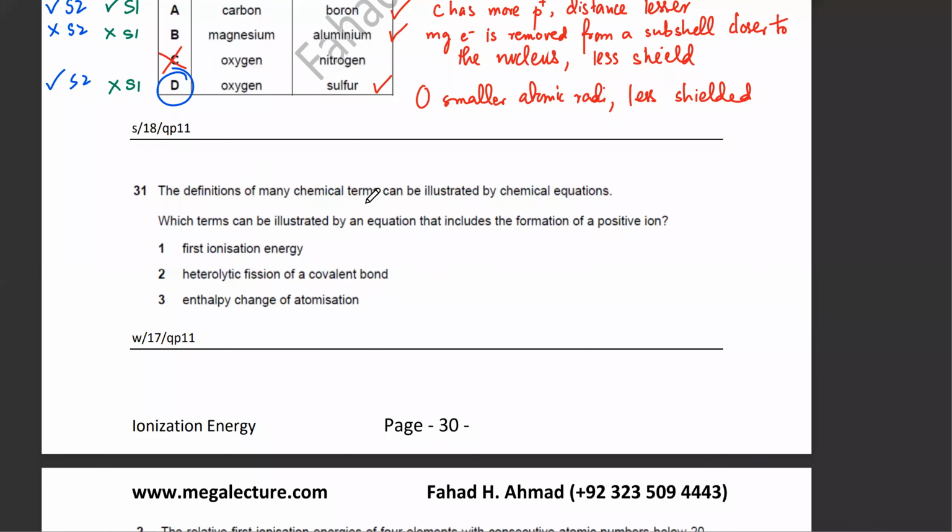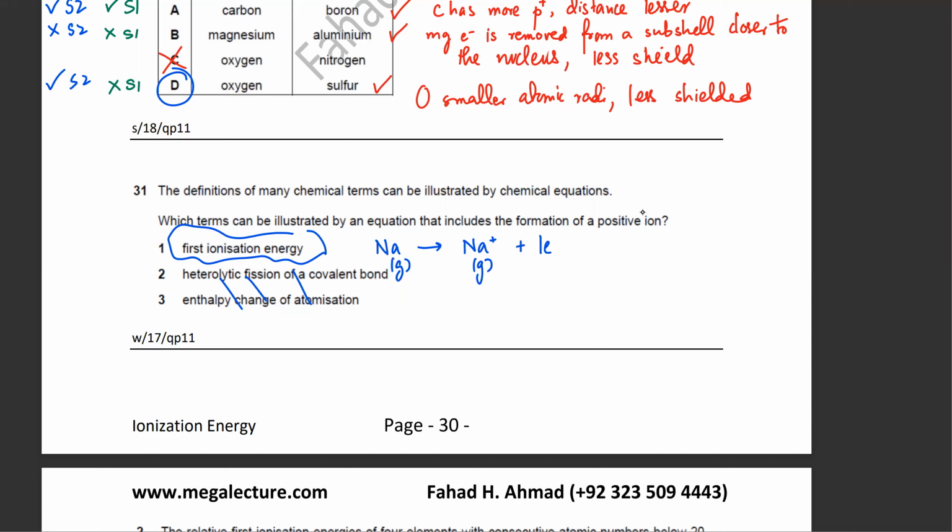He's saying which term can be illustrated by an equation that includes the formation of a positive ion. So ignore these two for now. First, ionization energy. If I talk about the first ionization energy of sodium, what's the reaction? I'm trying to remove the first electron. So what would be formed? It's going to form Na+, and one electron would be lost, and they should be gaseous atoms.